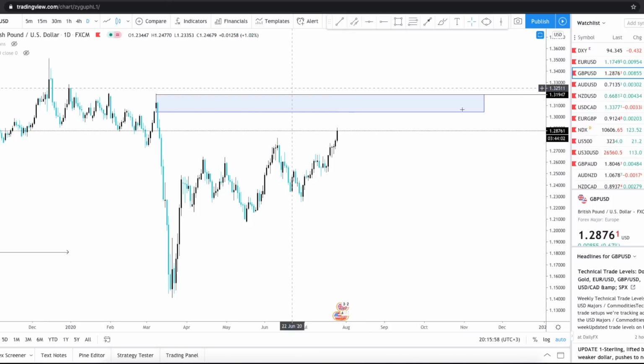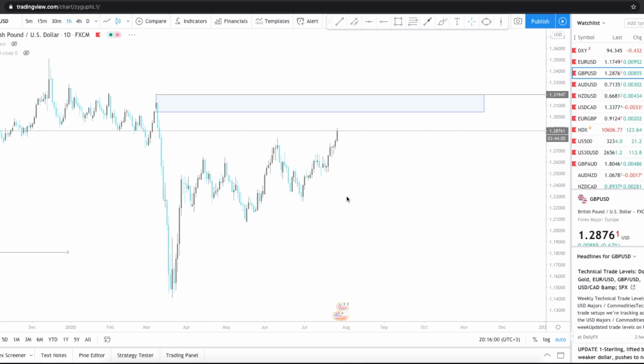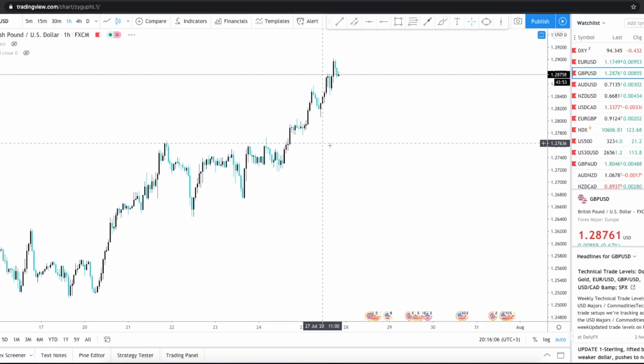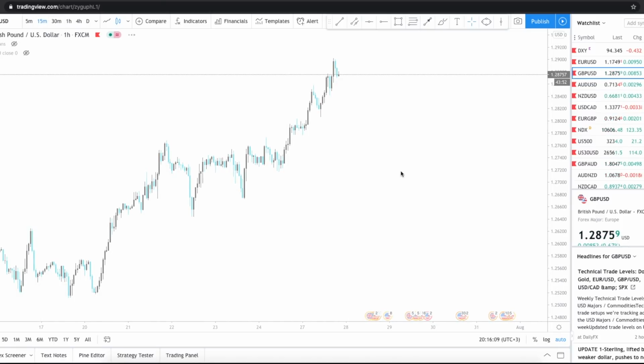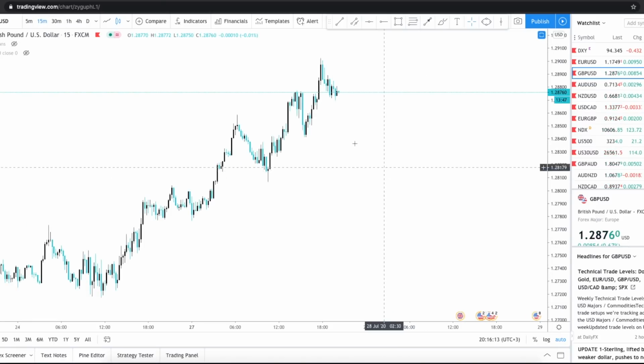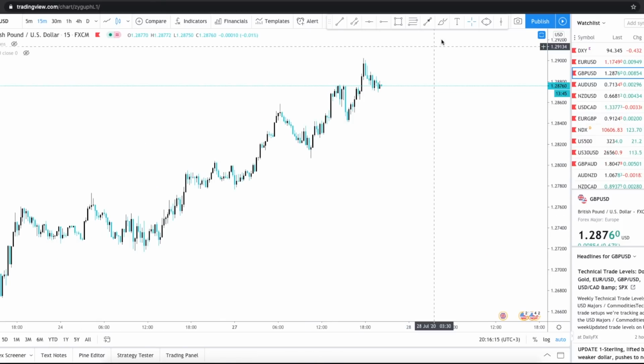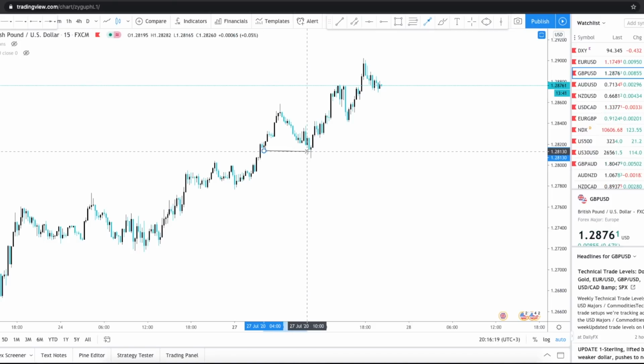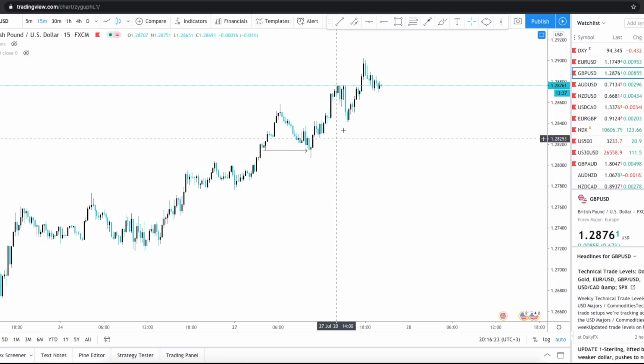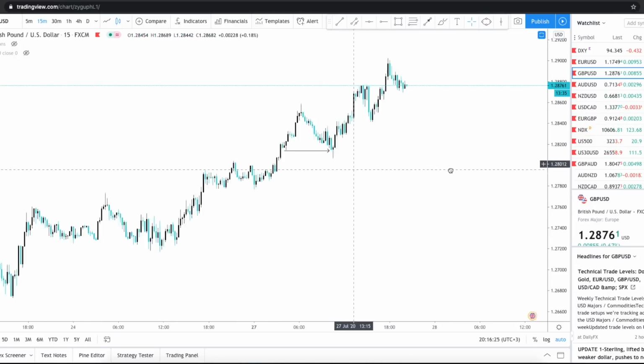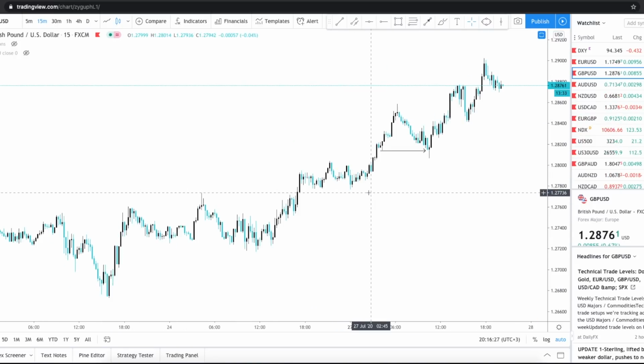So GBP USD is also going to be heading higher. You can go down to the lower time frames and let me see if I can see a setup on the 15-minute time frame here, because the market is going to continue grabbing the lows first and continuing higher. For example, over here the market grabbed lows and continued higher, and over here it didn't really do that.